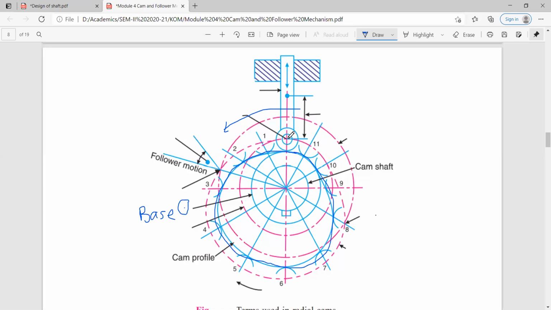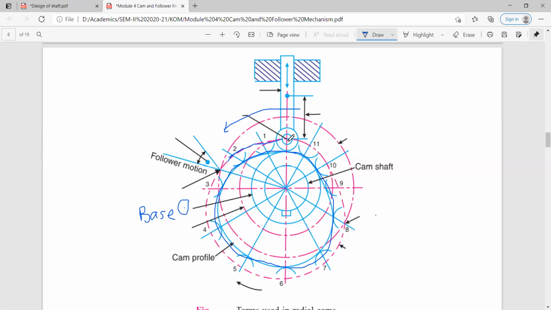So if you concentrate on the center point of the roller, when you rotate it like this, it will generate a curve this way, which will look similar to the cam profile.